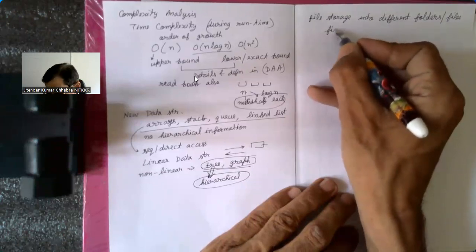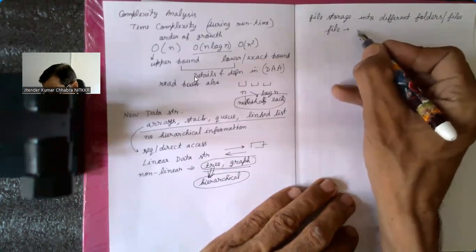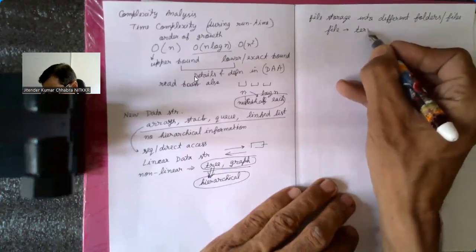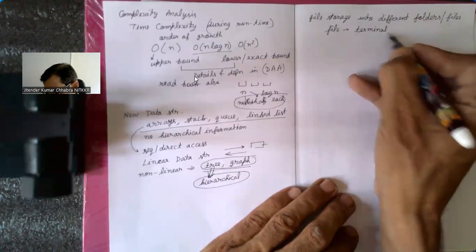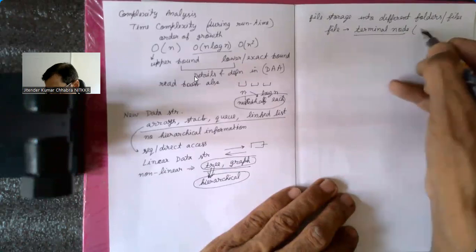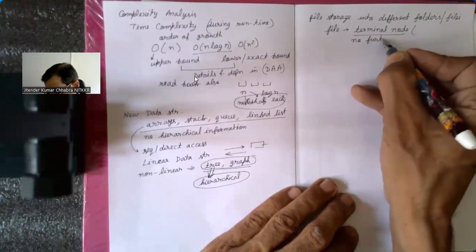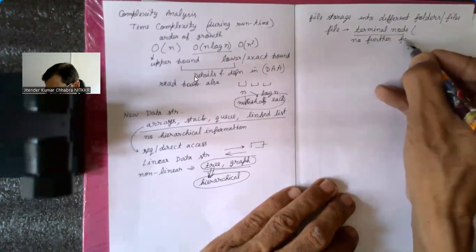But in a file, can you have another file or a folder? No, it's a kind of terminating, terminal node, with no further subdivision, no further nesting, no further file or folder inside it.